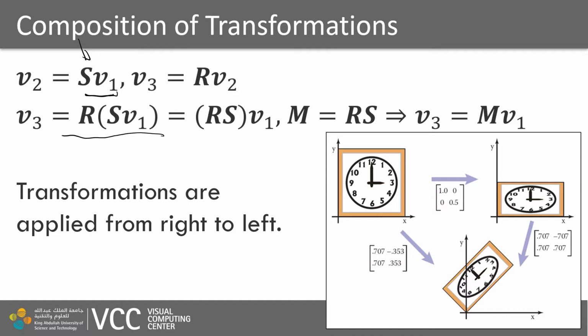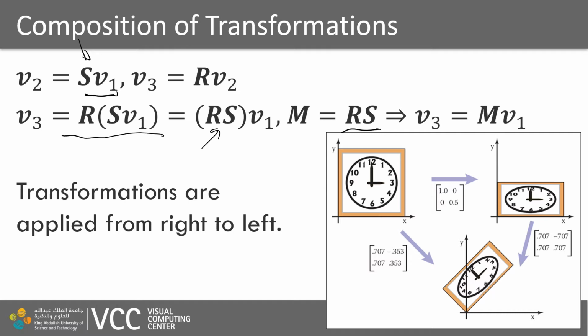So we can first compute the product of two matrices and then multiply the point V1 with the product of these two matrices, and we will get the point V3 straight away. So now the matrix M is the product of the matrices R and S, and this product brings us from the point V1 straight to the point V3.